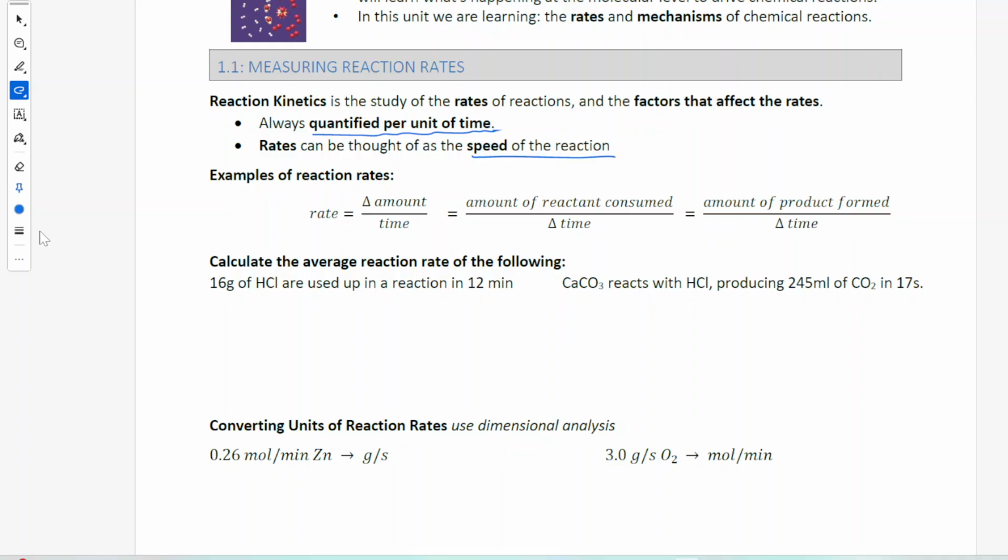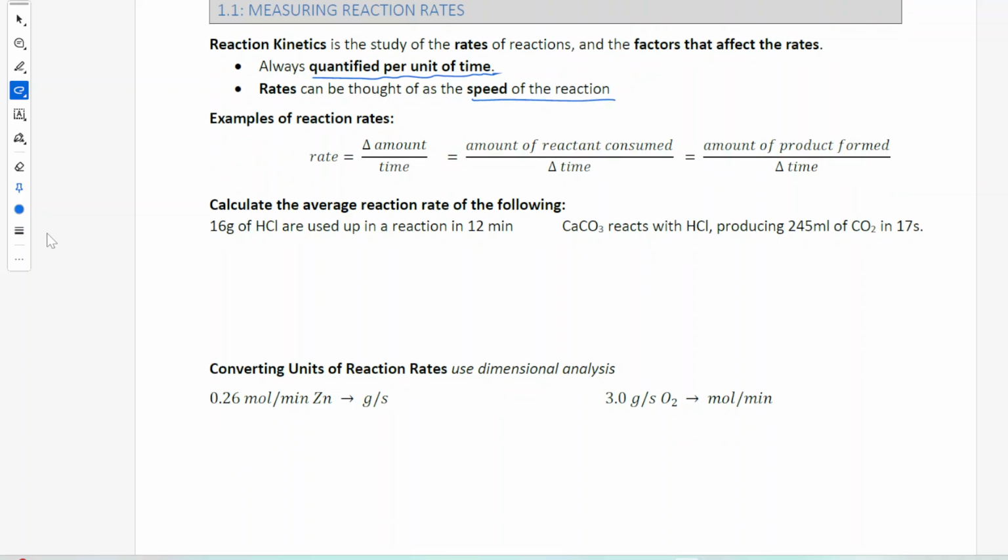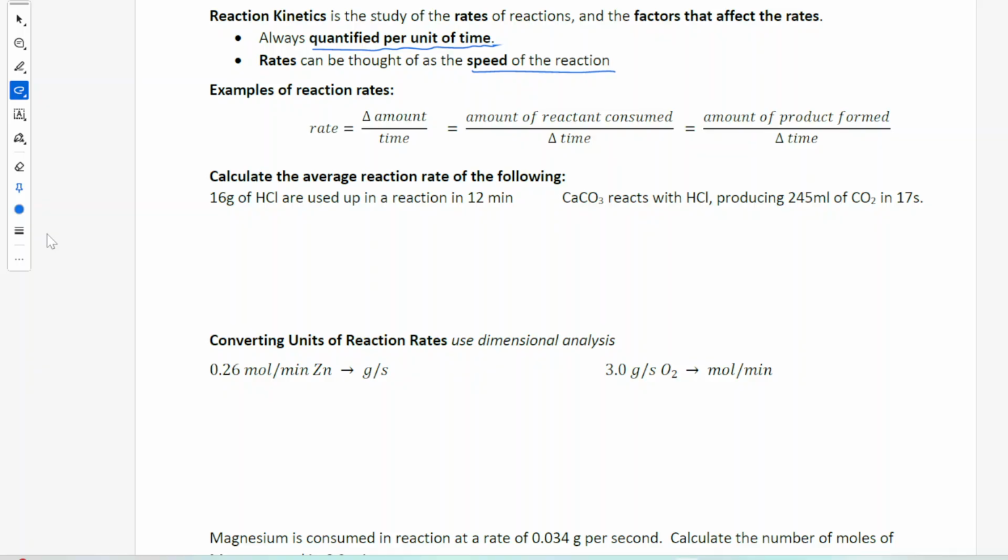So the first thing we're going to practice is just writing different rates of reaction. For example, if I told you that 16 grams of hydrochloric acid are used up in a reaction in 12 minutes, what would be the reaction rate? Well, it would be the grams of hydrochloric acid used up. So it'd be the amount of reactant consumed over the time, which is 12 minutes.